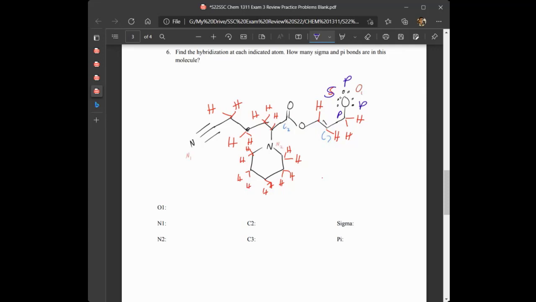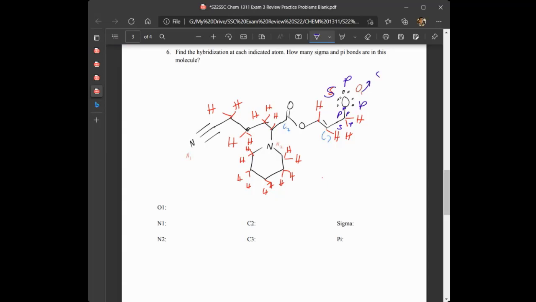If you have something like this, you want to make sure whether something can hybridize or not. When we check for hybridization, you want to check the carbon adjacent to it. Since this carbon is adjacent to it, it's sp. So for that carbon, we have sp, p, and then we also have sp3.